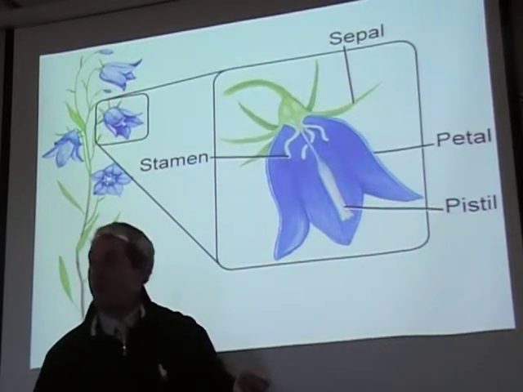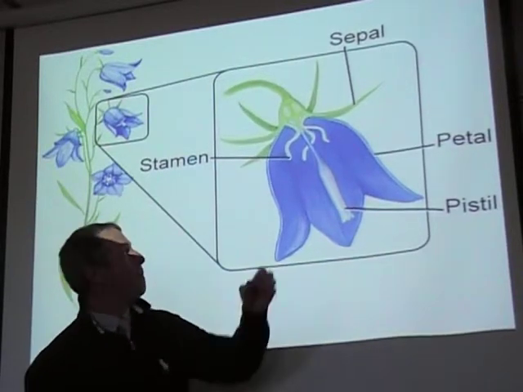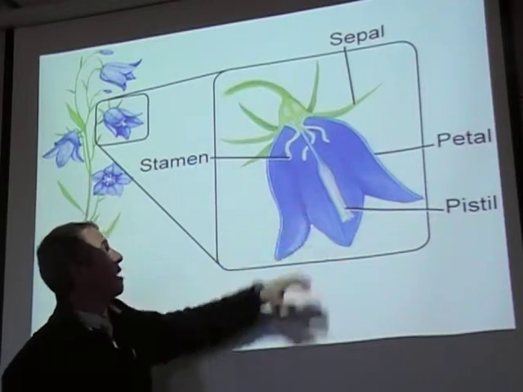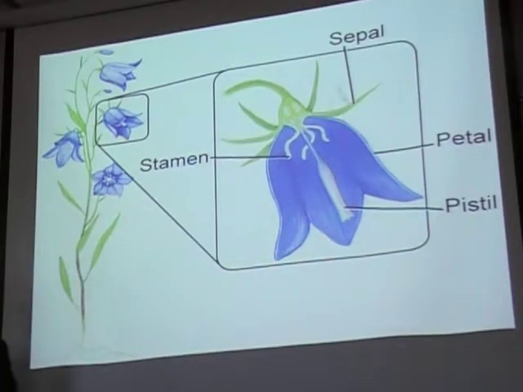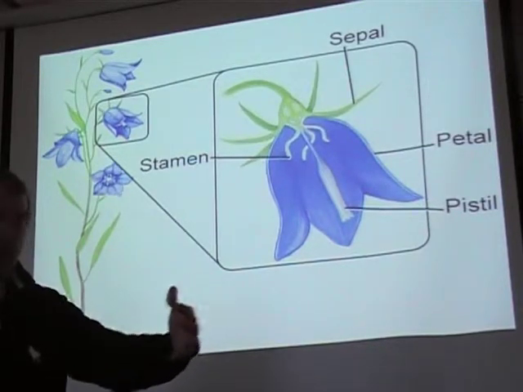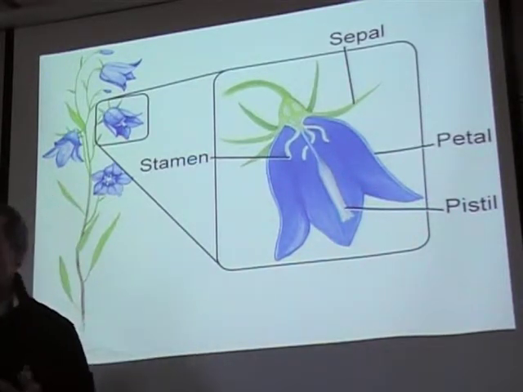You've seen closed flowers, right? Oh, yeah. And then they'll open up. Well, the sepals are protective leaves that will cover up the flower. And then there are the petals. And the petals are advertisements. Colorful advertisements that draw in the pollinators, like insects. Insects just go around looking for flowers.